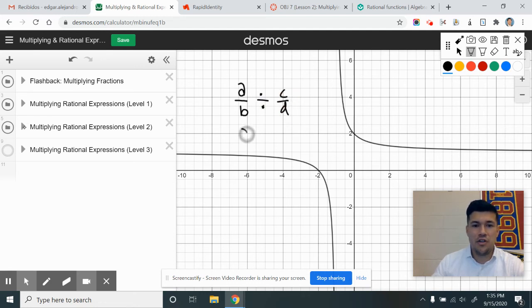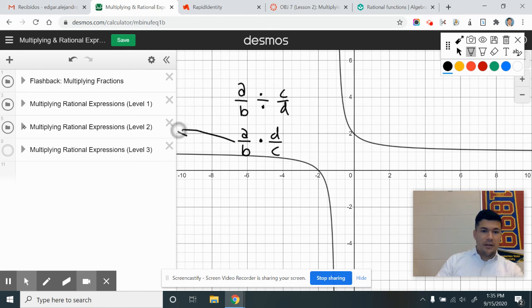You turn it into a multiplication problem. So A over B divided by C over D is really A over B times D over C. That's it. After that, it becomes just like these problems. So when you divide, you multiply by the reciprocal of the second function, and we're good.